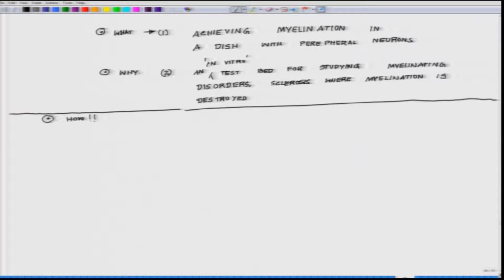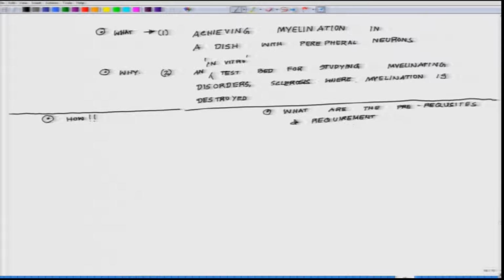Before we say how, let's try to figure out what are the requirements, what are the prerequisites. So, we are trying peripheral neurons.